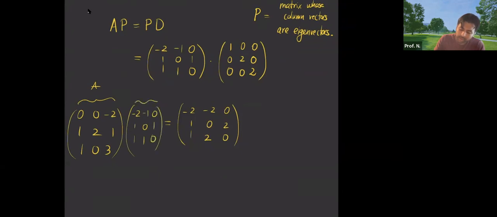So can we verify that P times D, which is this here, is the same as A times P? Does everybody see that? If I do this here, I get -2. Then the second column here would be what? 1, 2, 1. Would this also give me 1 here and so on?